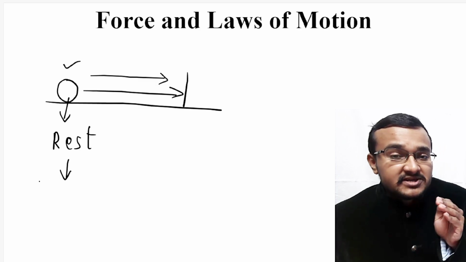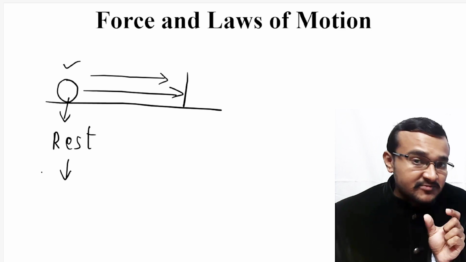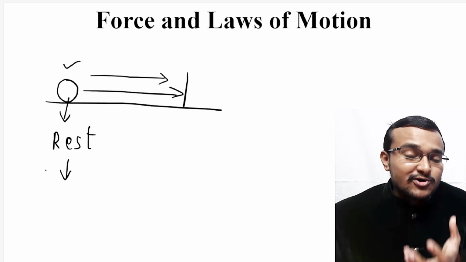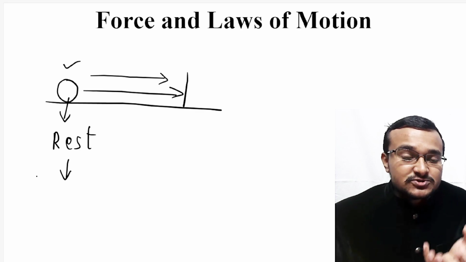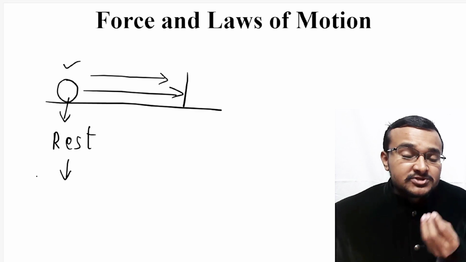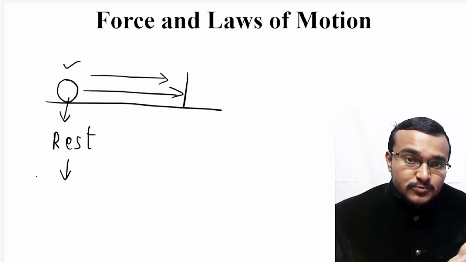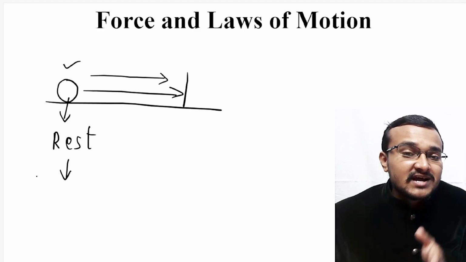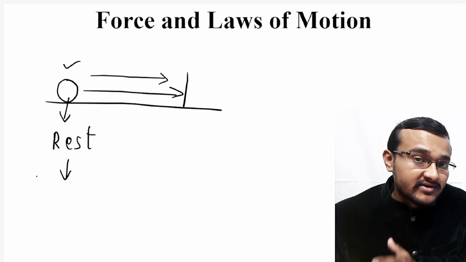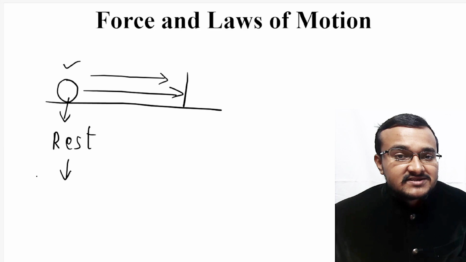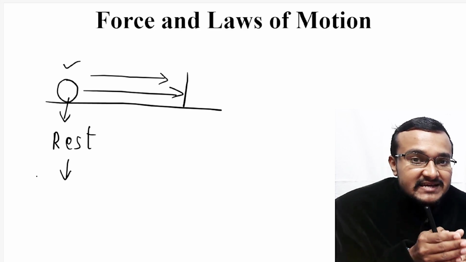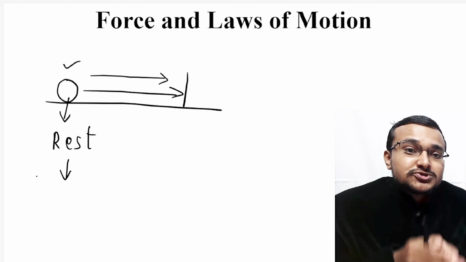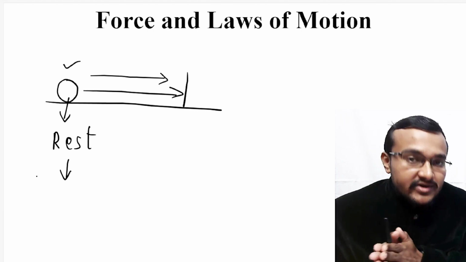When the object is moving, we say the object is in motion, in the state of motion. So what caused this object to come to the state of motion and again come back to rest? Something might be acting on this object, making it move and also making it come back to rest.